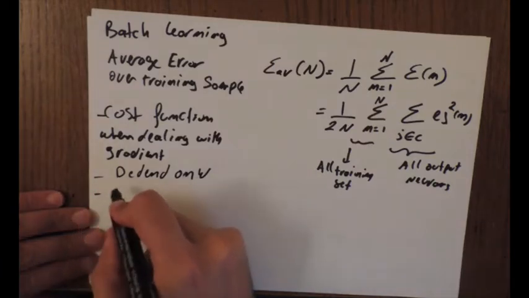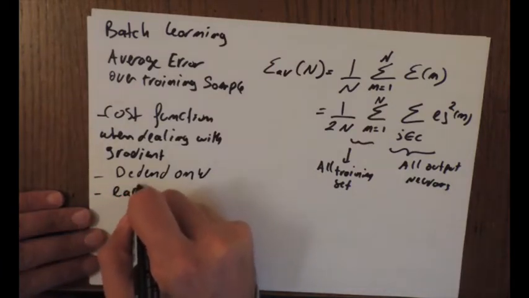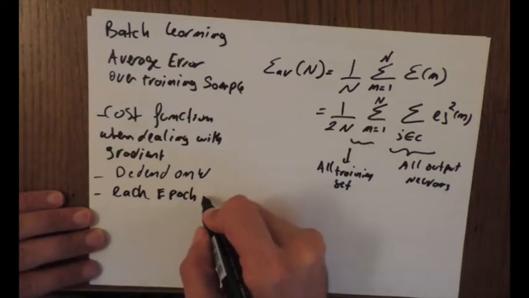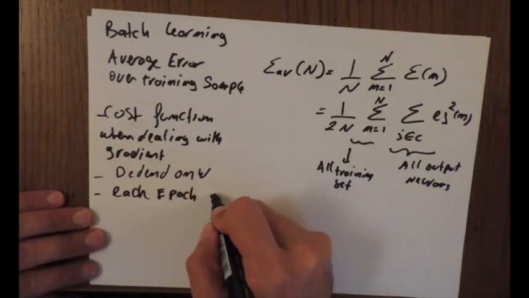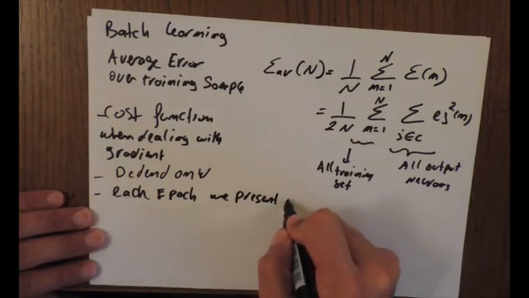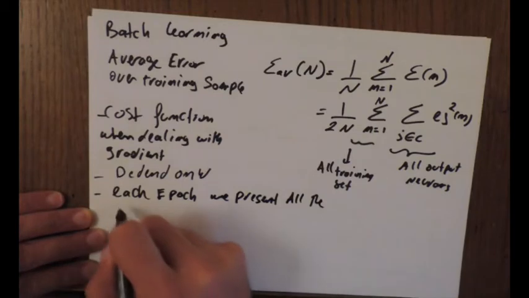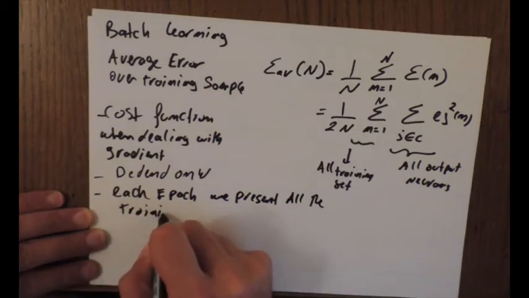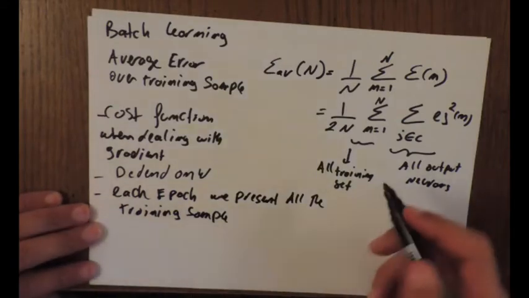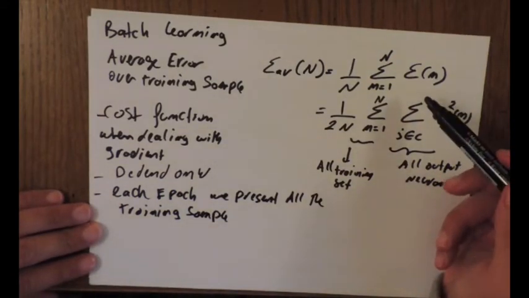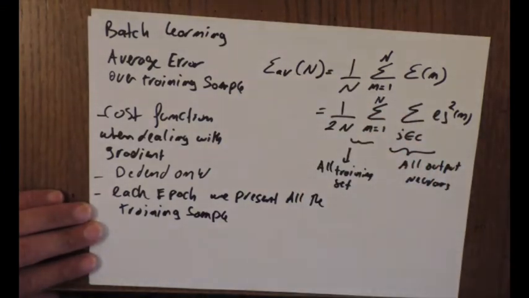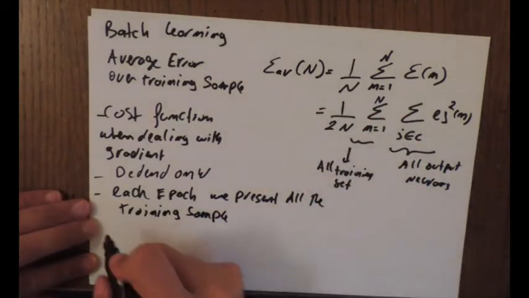Furthermore, in batch learning, in each epoch we present all the training samples, and we update the weights based on minimizing the average error.